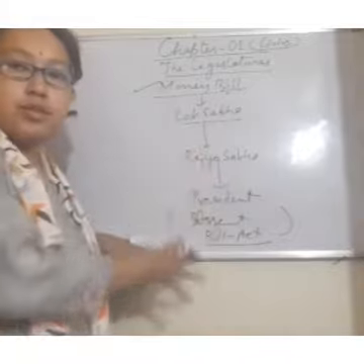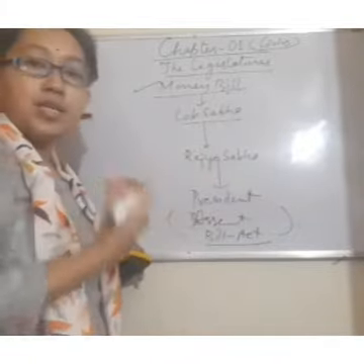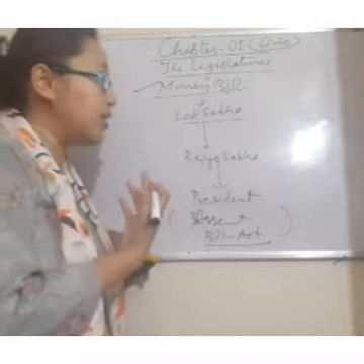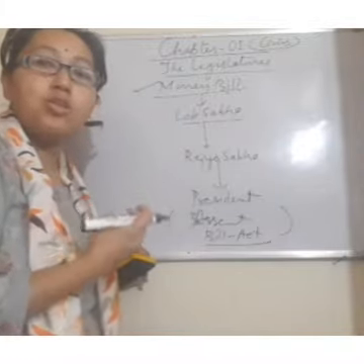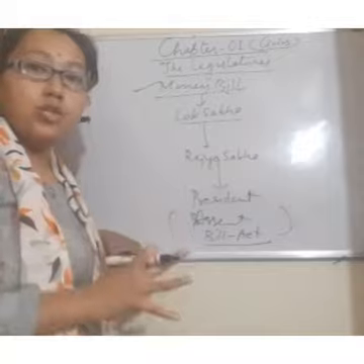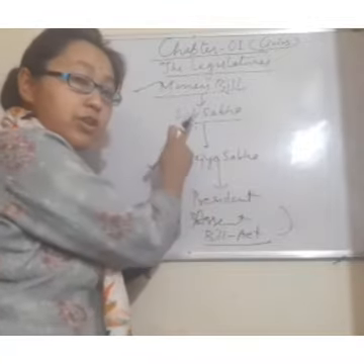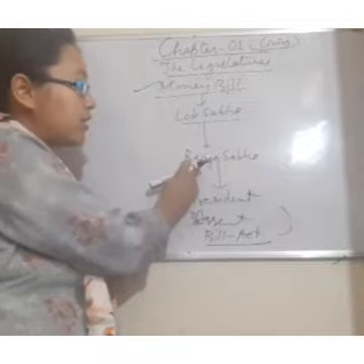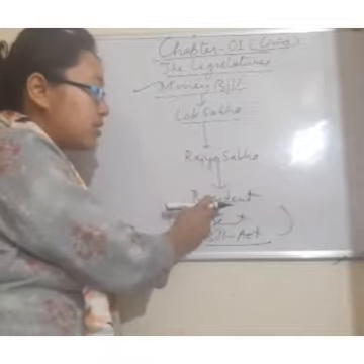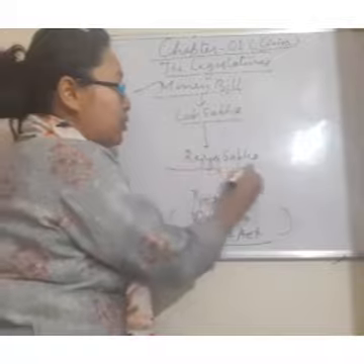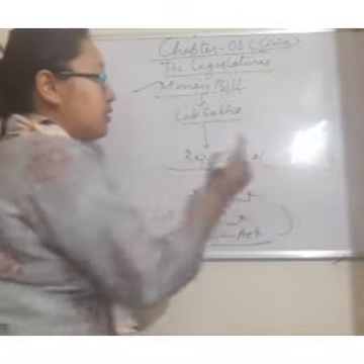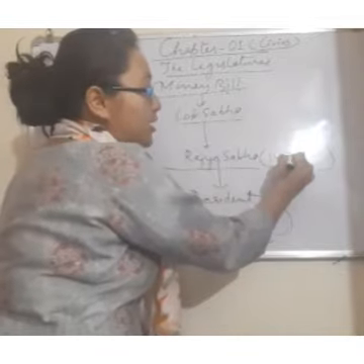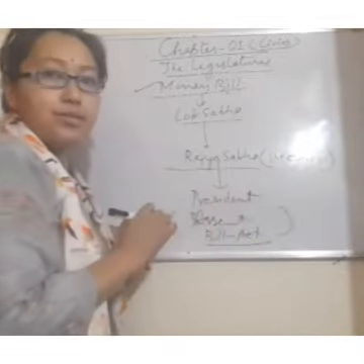After the president's assent, the bill becomes an act. So this is the procedure, and as I told you, Lok Sabha has the upper hand regarding money bill. Money bill can originate only in Lok Sabha, then it is sent to Rajya Sabha, and after approval of Rajya Sabha, it is sent to the president. But the point to be noted is that the Rajya Sabha members can hold that bill for a maximum of 14 days, right?